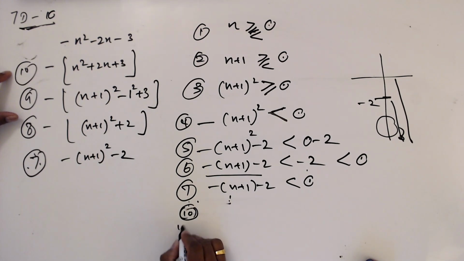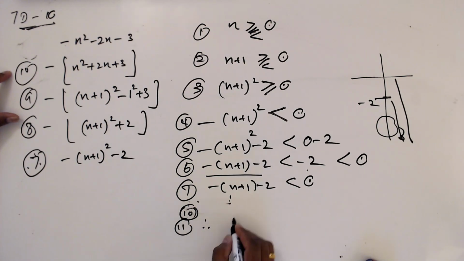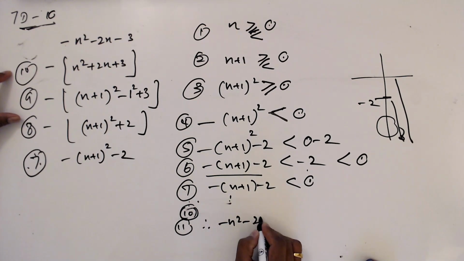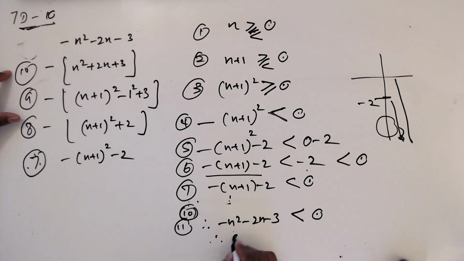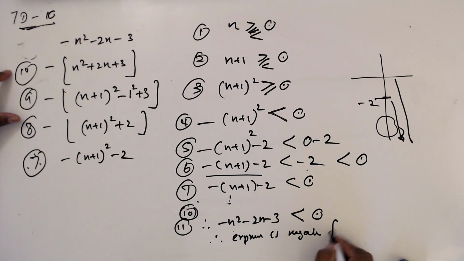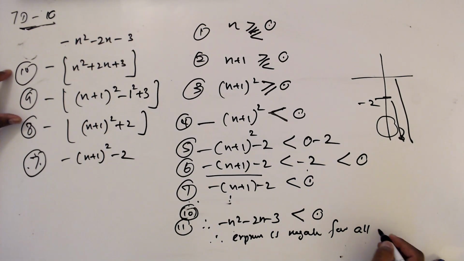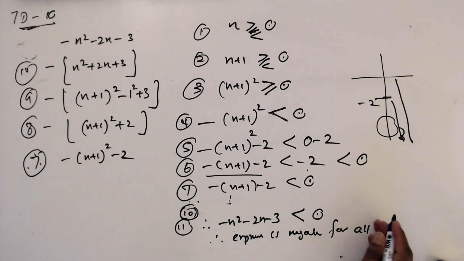Then in the 11th step you write: hence minus n squared minus 2n plus 3 is less than 0. Hence the expression is negative for all values of n.